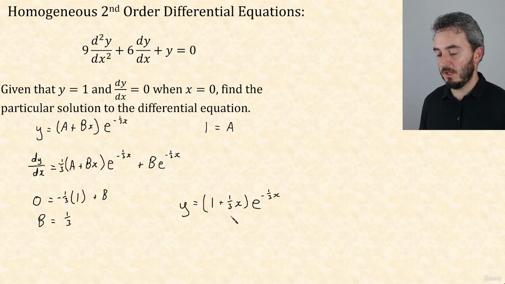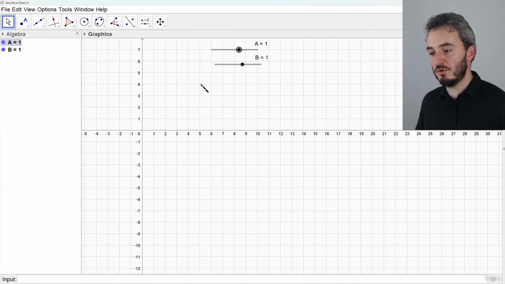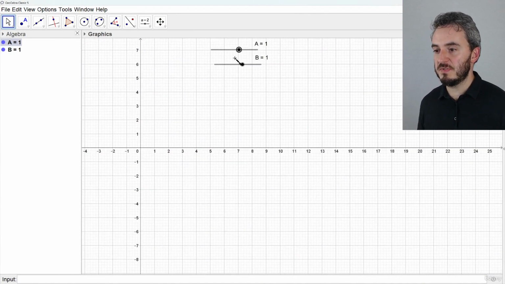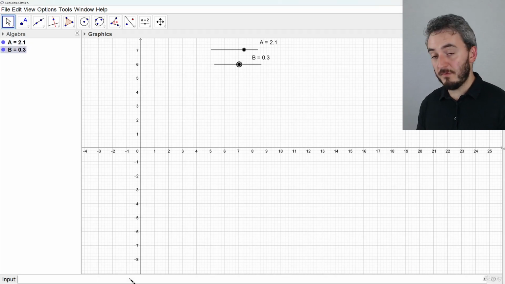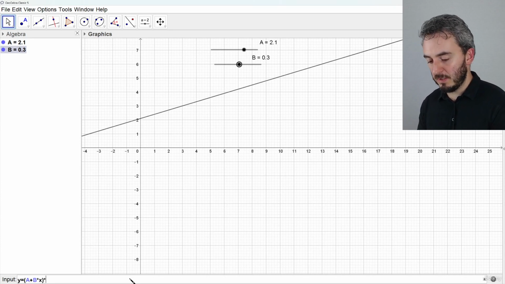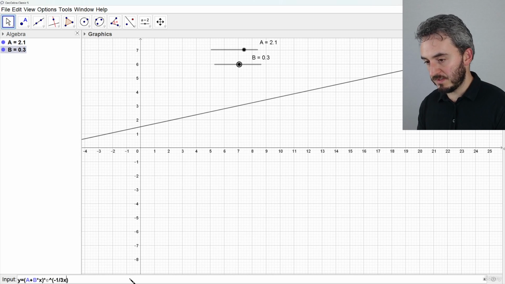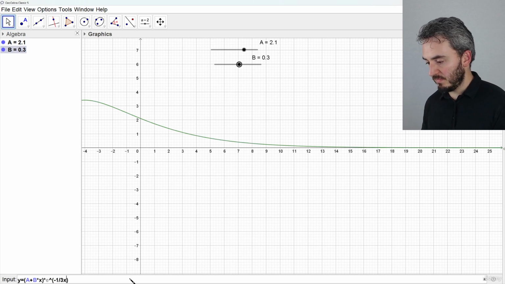There's our particular solution. Now it would be quite fun playing around with this in GeoGebra. I've set up some sliders here, so I've got an a and a b. And if I put in our general solution, which is y equals a plus bx multiplied by e to the power of minus a third x, we get something that looks like this.